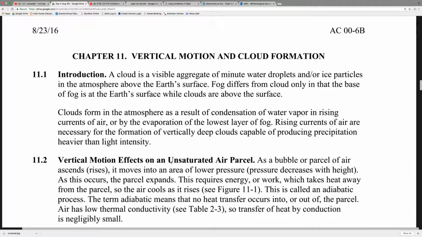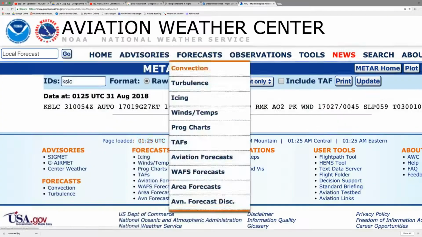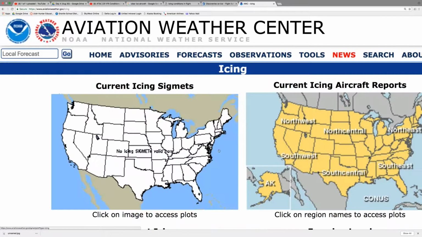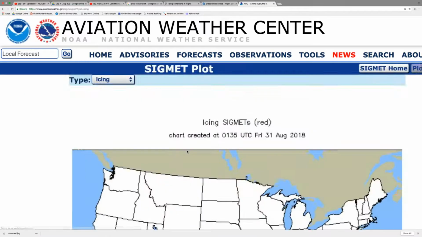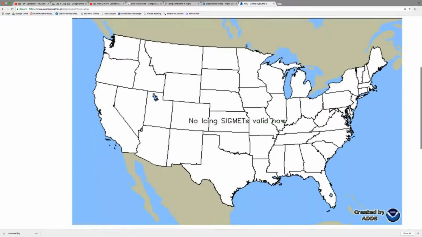Oh, and the other thing is, as a dispatcher, we can never dispatch into known or forecast severe icing conditions. Or, I'm sorry, known severe icing conditions. These guys will put out these icing segments.